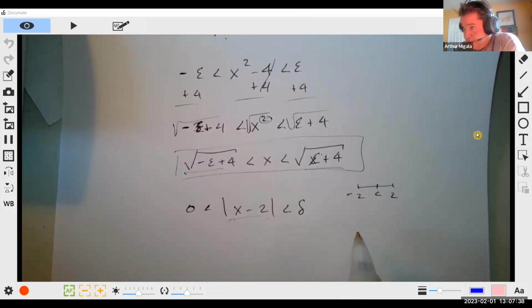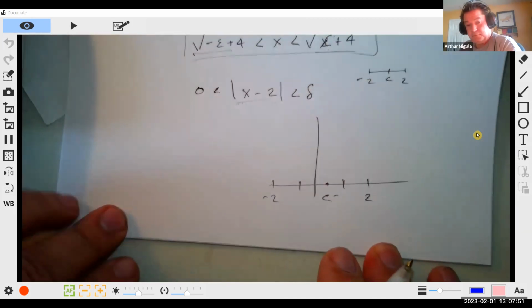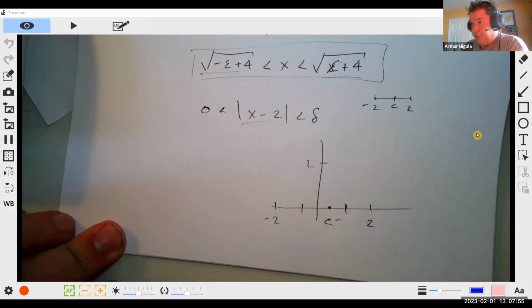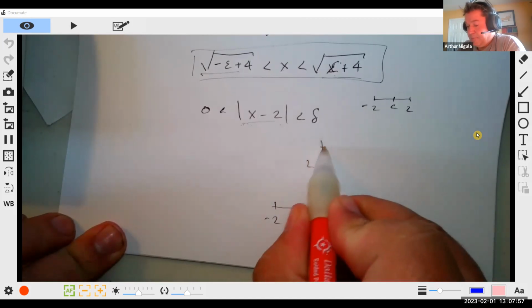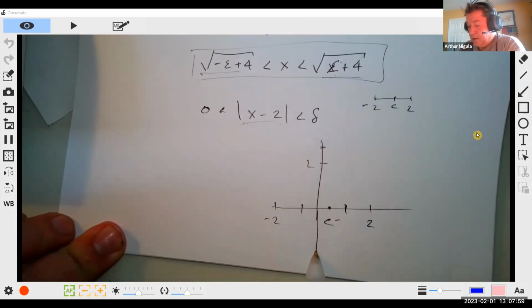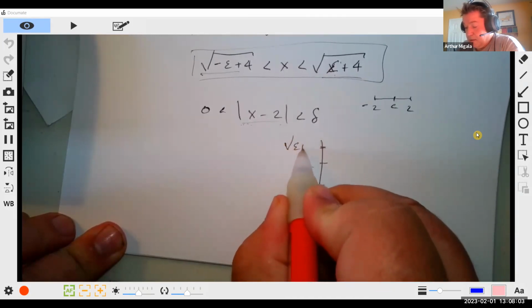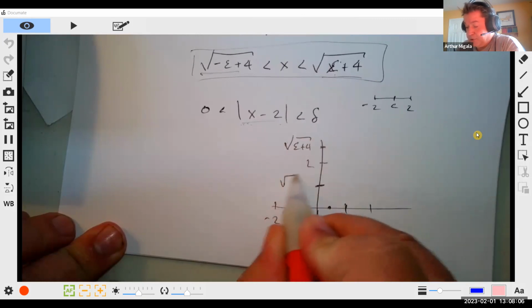So our values of x here, if we look at our graph, between -2 and 2, our c value could be anywhere within there, which means our limit value can be anywhere within this range.